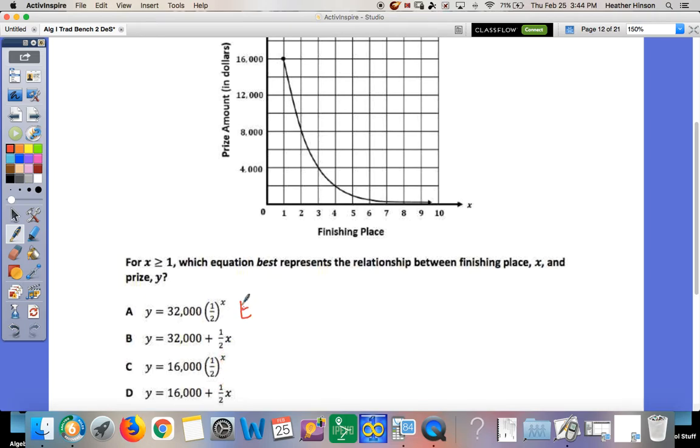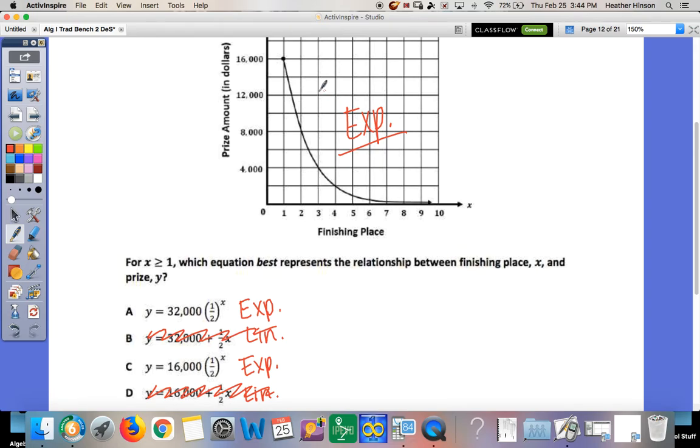We have exponential, we have linear, we got another exponential, and another linear. What type of graph do we have? We have an exponential curve, so that's an exponential graph. So B and D cannot be our answers.